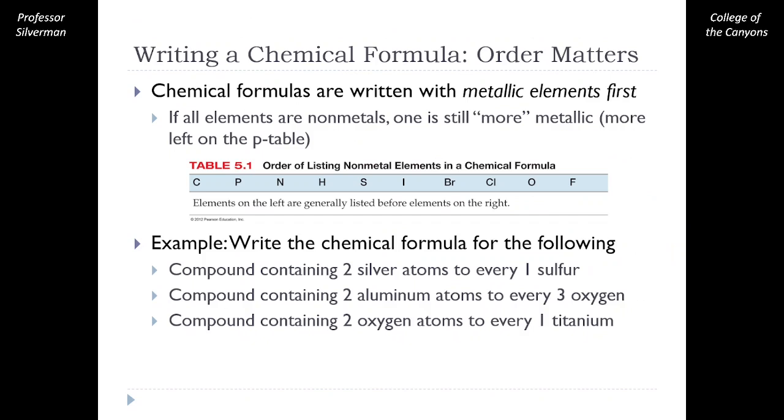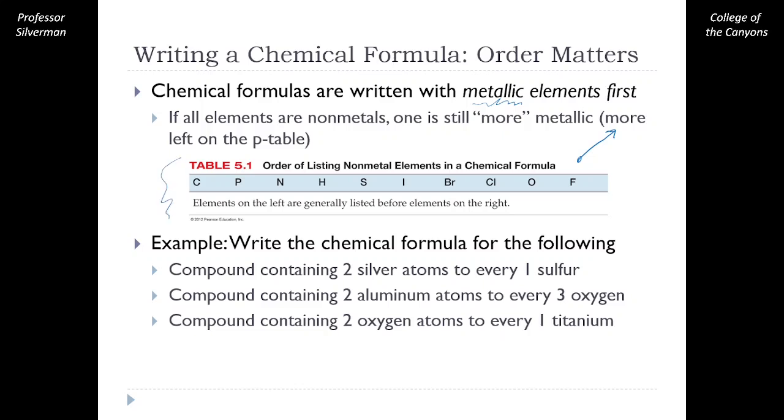When we write our chemical formulas, there is a specific order. We want to start with our metallic elements first, followed by our other non-metal elements. In general, on the periodic table, this means we start at the bottom left and we move towards the top right when we're deciding which elements to start with in our formula.